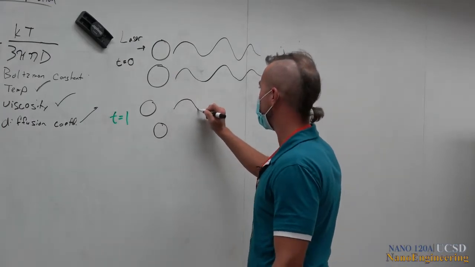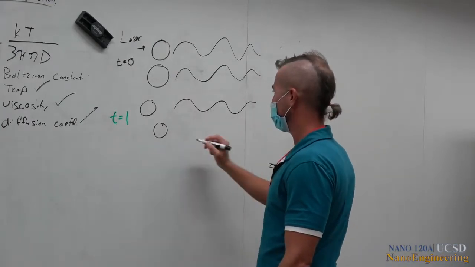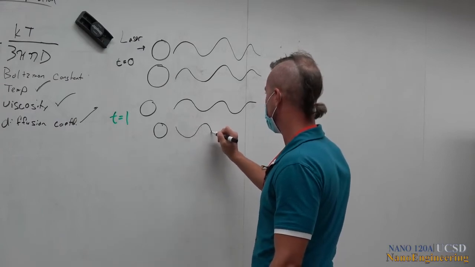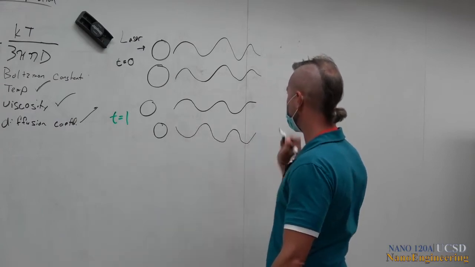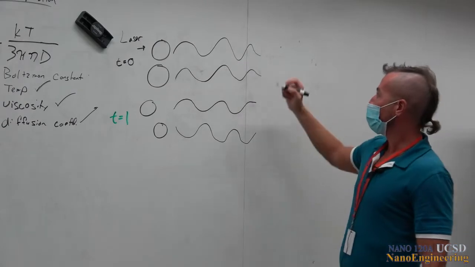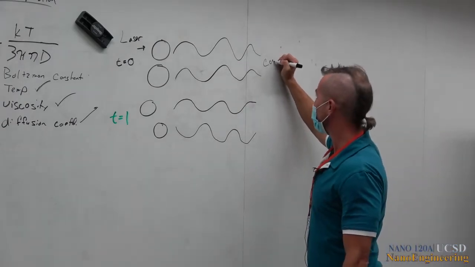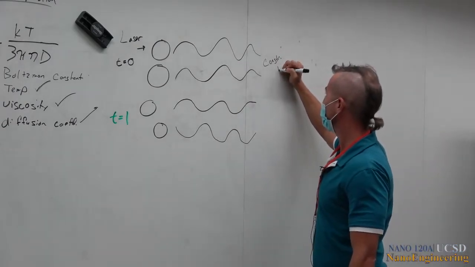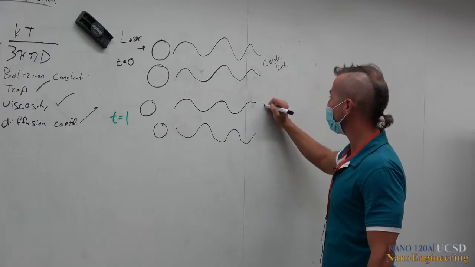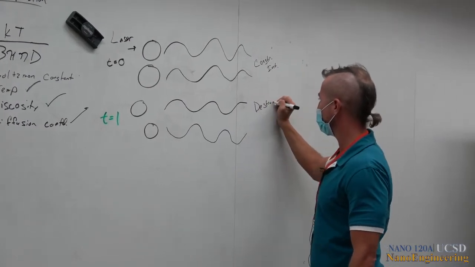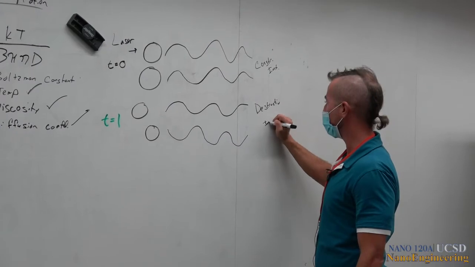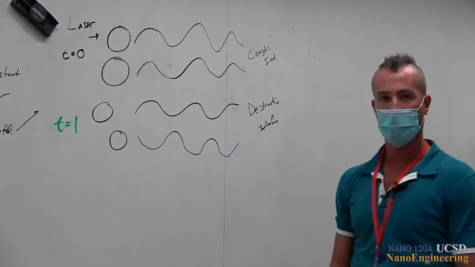So therefore, the scattering is different. So where here I have constructive interference, and here I have destructive interference. Right?